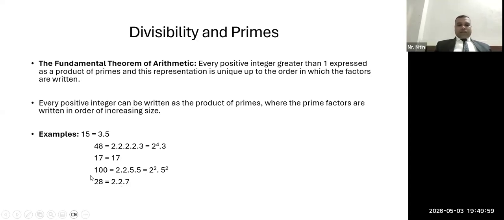So guys, as per this definition, we represent the positive integer as a product of factors, in increasing order or increasing size. So this is the fundamental theorem of arithmetic. What it says is every positive integer can be written as the product of primes, where the prime factors are written in order of increasing size.